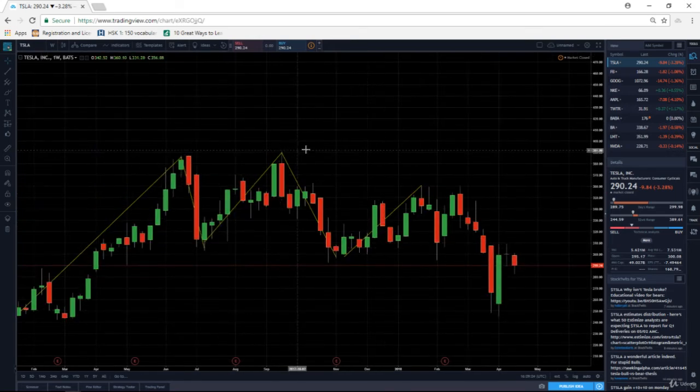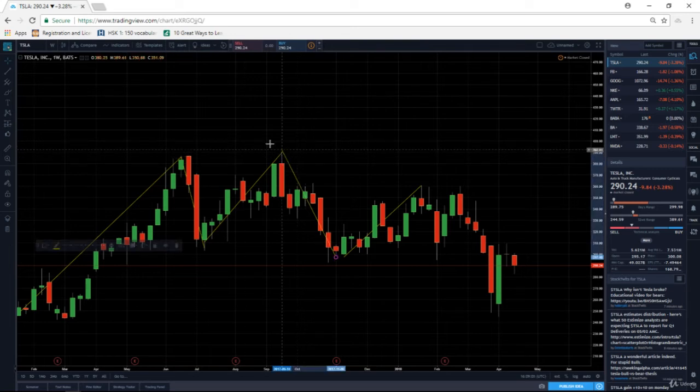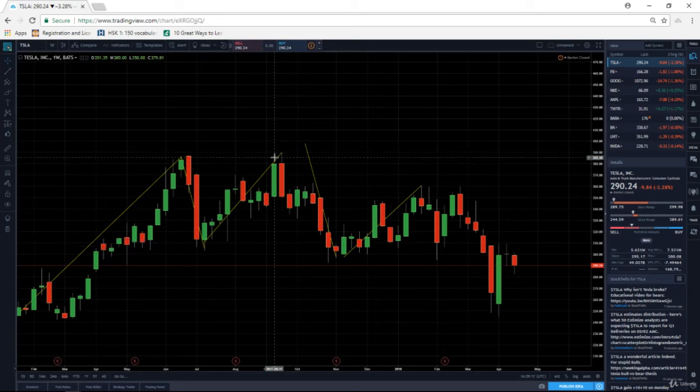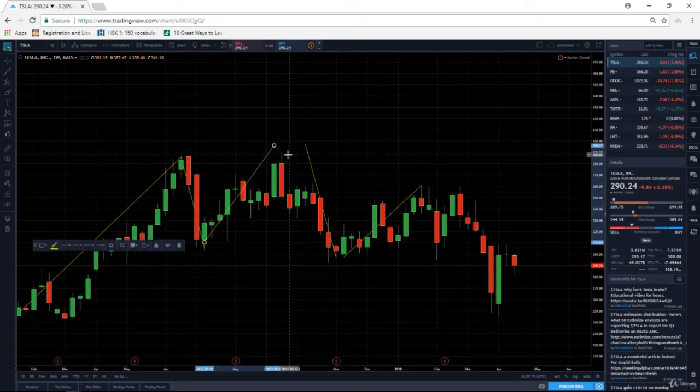So they are making the break through the previous high, but it's not close. It's not close above the resistance line, but the wick or the tail managed to go beyond the previous resistance. And for our analysis, we have to use all of it. All right, we have to use all of it.